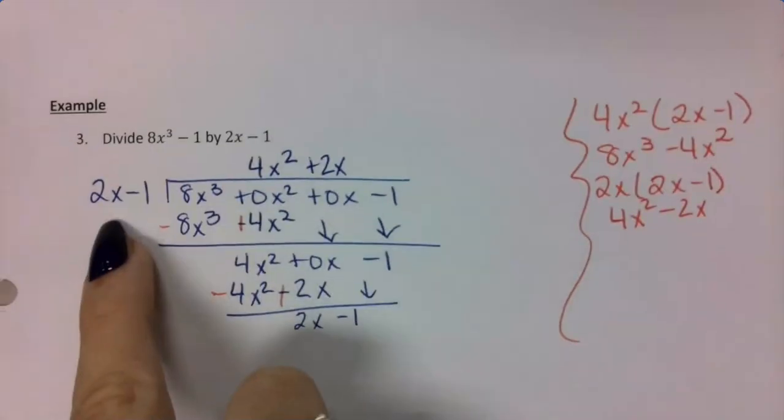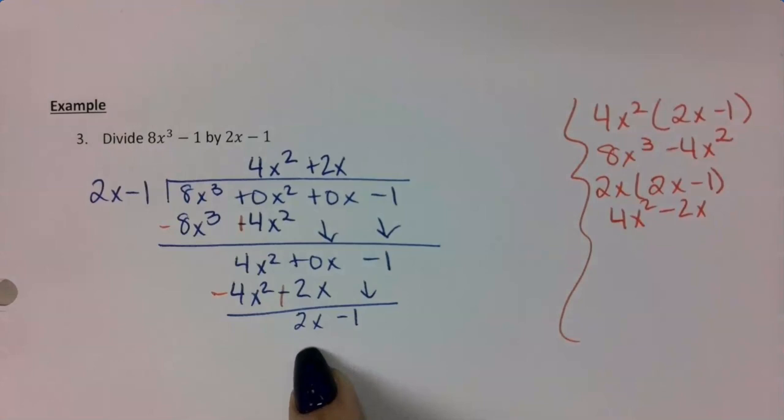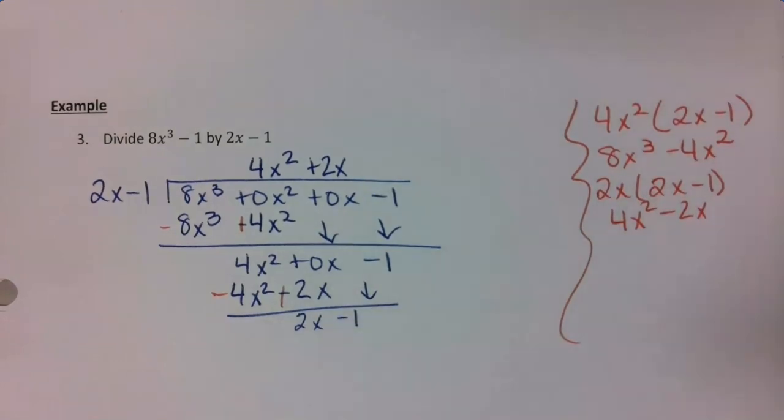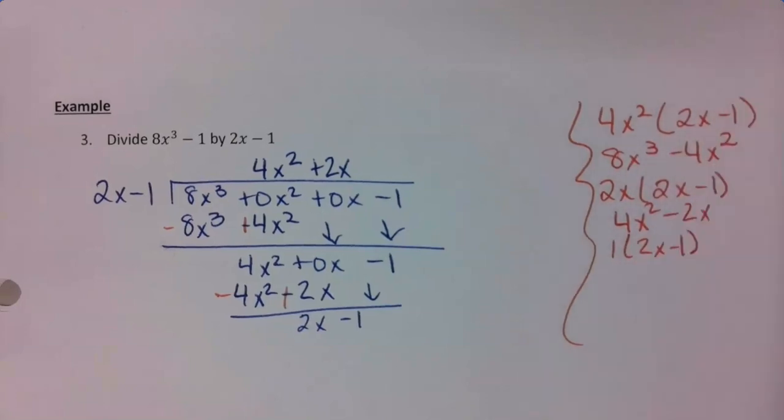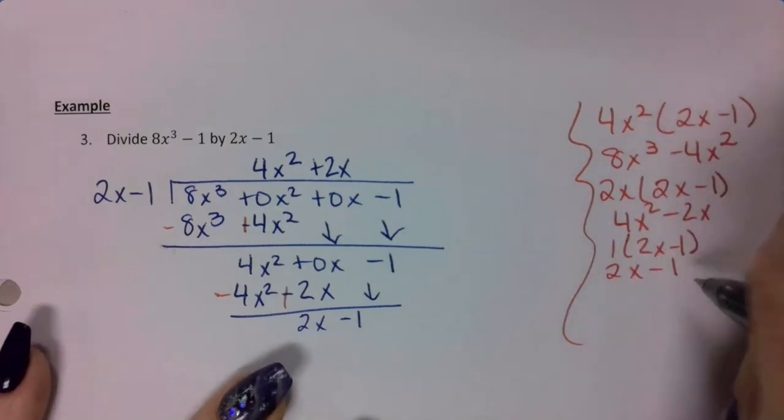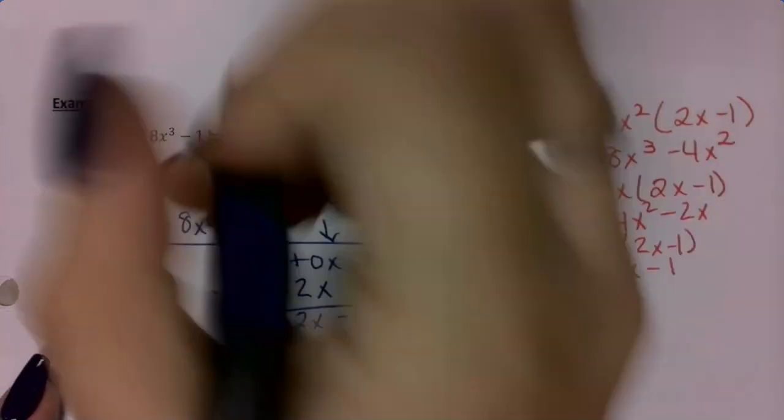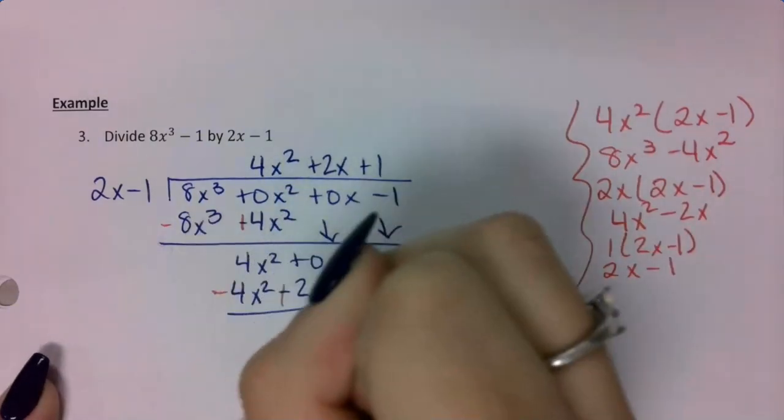Then what do I need to multiply 2x by to turn it into 2x? 1. Okay. So 1 times 2x minus 1. Okay, so I want to write the 1 up here, and the 2x minus 1 down here.